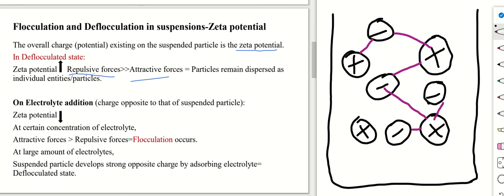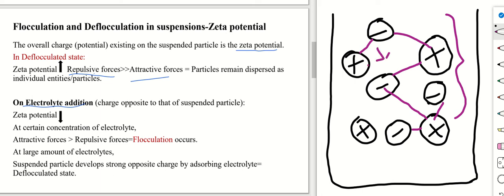They will experience attractive forces like this, so that they form a network of drug particles. A loosely formed network of particles is seen because of the addition of electrolytes. Because of this network formation, the zeta potential, or the overall charge existing over the drug particle, reduces.